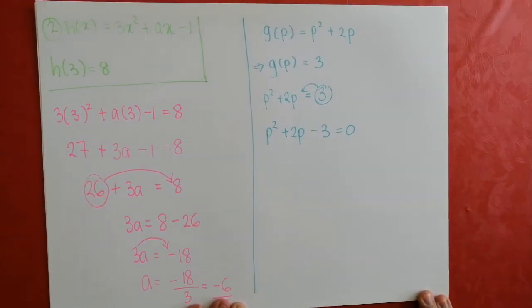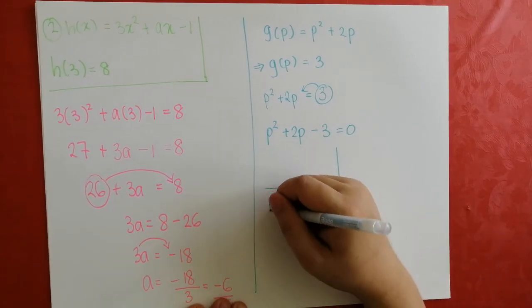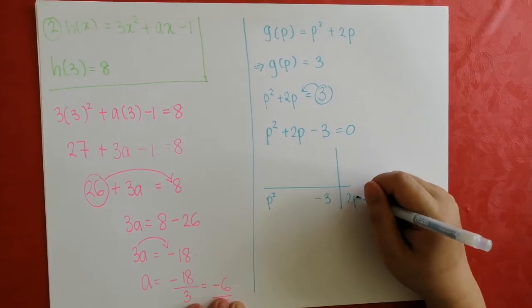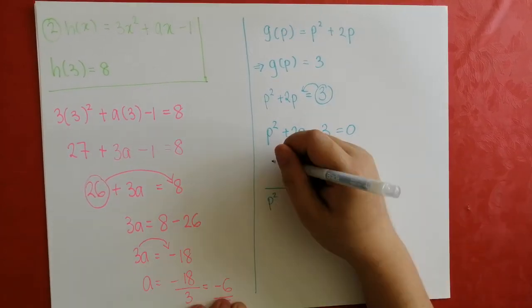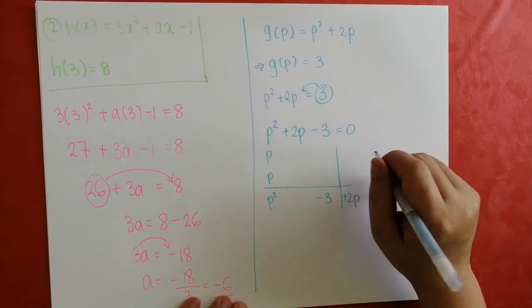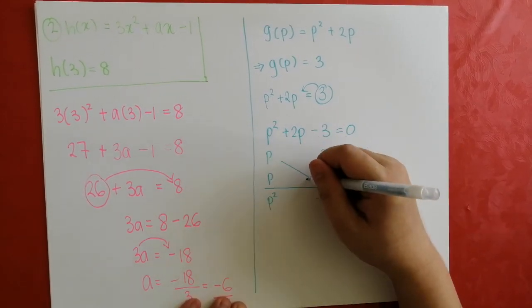That is a quadratic, so you can factorize it. First column p squared, second column negative 3, third column a positive 2p. We know p times p gives p squared, and 3 times negative 1 gives you negative 3.